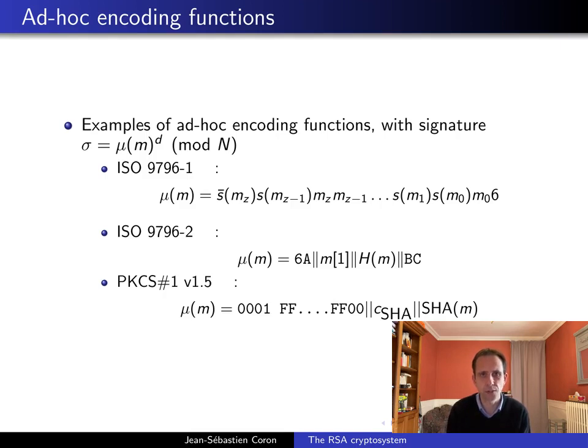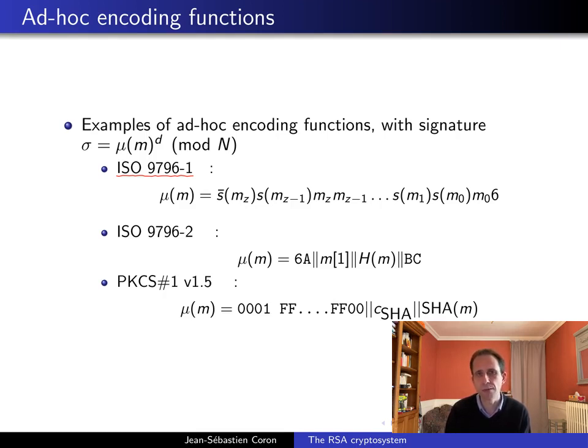So here are some examples of ad hoc encoding functions, so without security proof. The signature is always mu of m to the power of d modulo n. And so there is the old ISO 9796-1 standard, where to sign a message m, we split it in a sequence of 4-bit nibbles, and then we apply a lookup table S to each nibble independently, and eventually mu of m is the concatenation of these nibbles and the lookup tables.